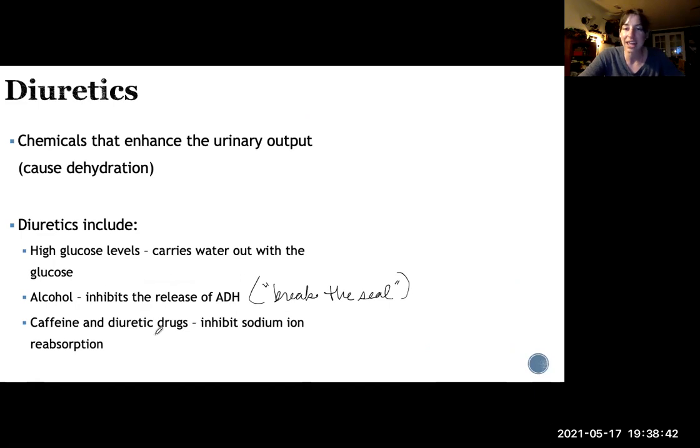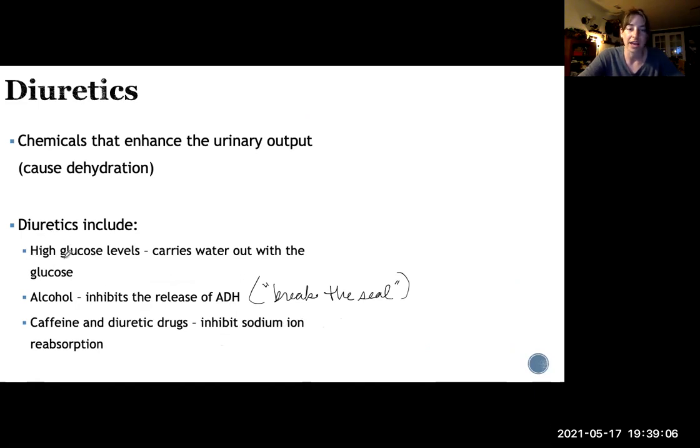And then caffeine and diuretic drugs are going to work by inhibiting sodium ion reabsorption. Okay, so basically, if that sodium ion reabsorption doesn't happen, then the water wants to go back into the collecting duct, and then you pee it out. There you go.